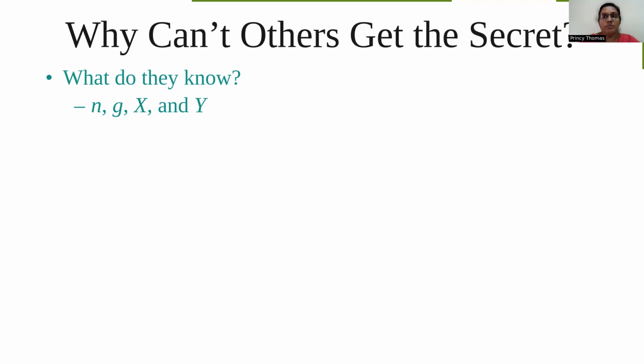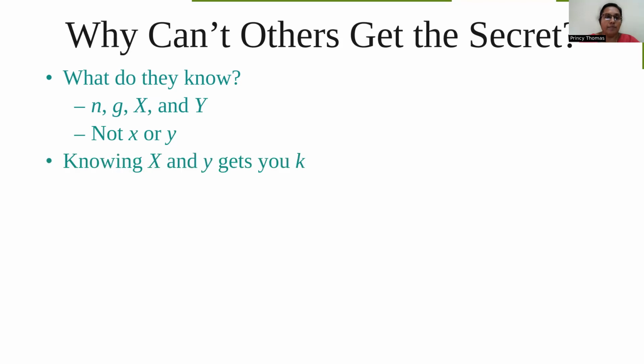Earlier in the ElGamal algorithm, we said that by knowing g raised to x or g raised to y, it is not possible to compute g raised to xy. They don't know x or y.